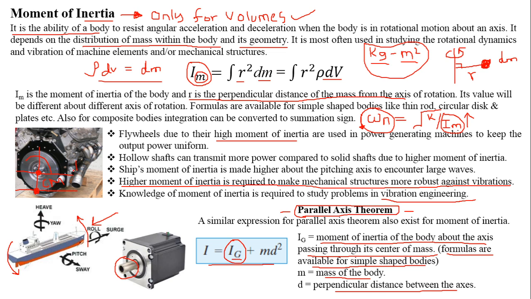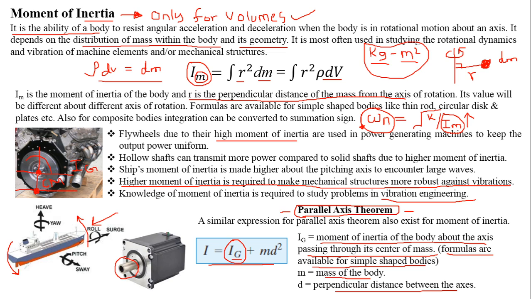That is, you must know this value first, and you can use the formulas given in the appendix of your textbook or from some handbooks of mechanical engineering. You can find these kinds of formulas.